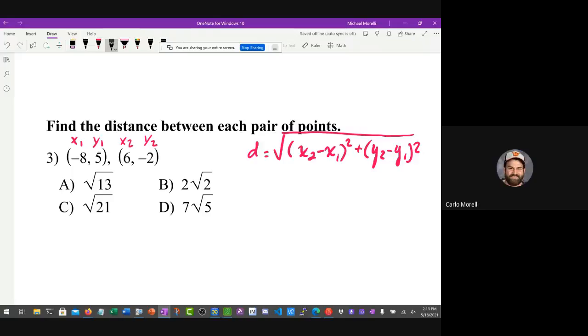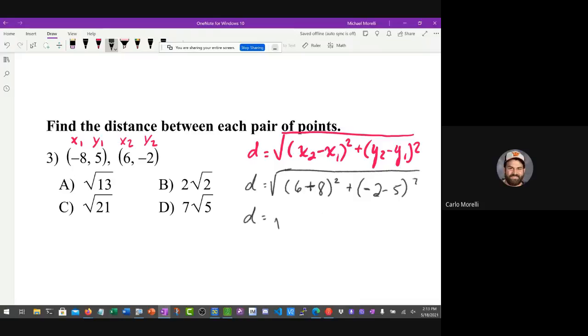And you just plug in the numbers. So d equals the square root of x2 is 6 minus x1, which is negative 8. So that's going to end up being a plus squared plus open parentheses y2 is negative 2 minus y1, which is 5 squared, all underneath the root symbol.